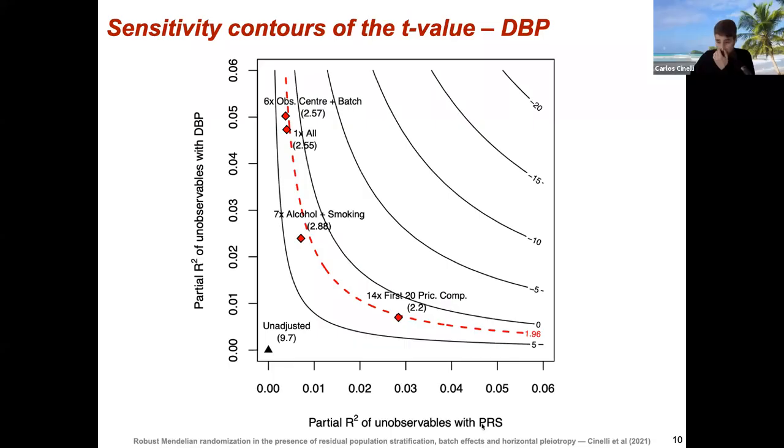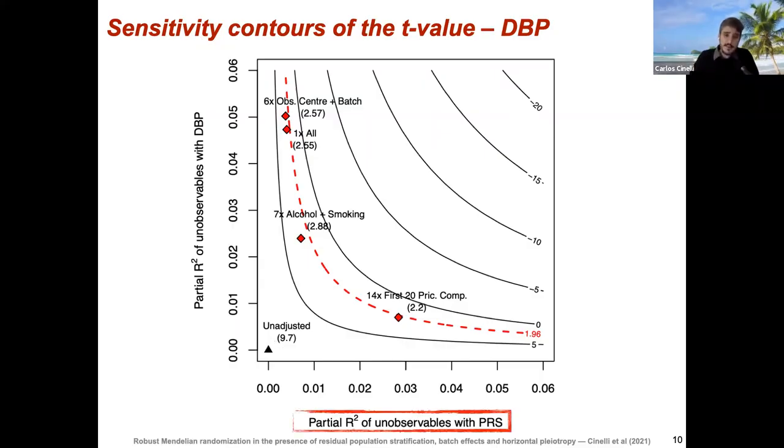So these sensitivity contours are basically just using those formulas that I showed you and mapping them to the t-statistic for testing the null hypothesis of zero effect of BMI on diastolic blood pressure, which is the same as testing the null hypothesis of zero association of the polygenic risk score with our outcome trait, which is diastolic blood pressure.